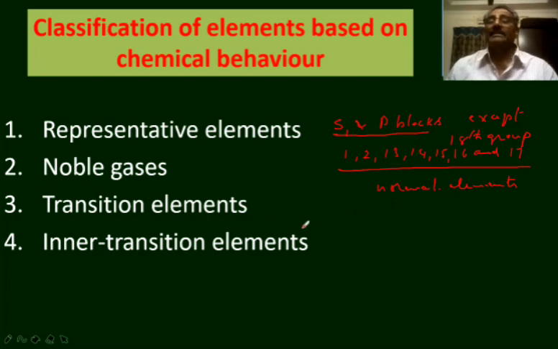These are highly reactive when compared to the transition elements and inner transition elements, and even noble gases. This is because of the presence of incompletely filled S and P orbitals.